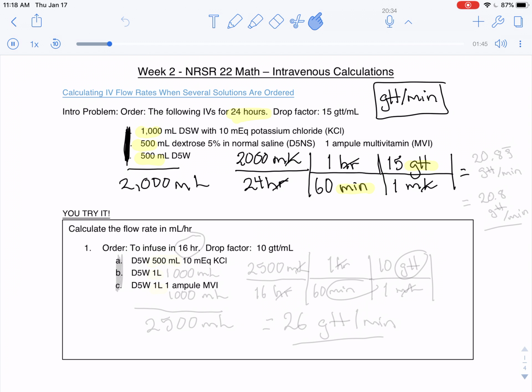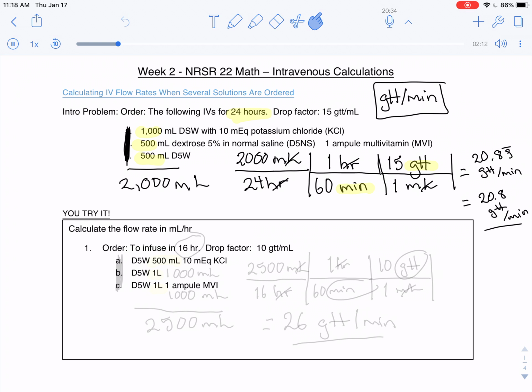And once we finish our calculations, we get an answer of 20.83, repeating, but according to our rules of rounding, since this is a larger number than 1, we would technically say it's 20.8 drops per minute. And that should be our final answer.